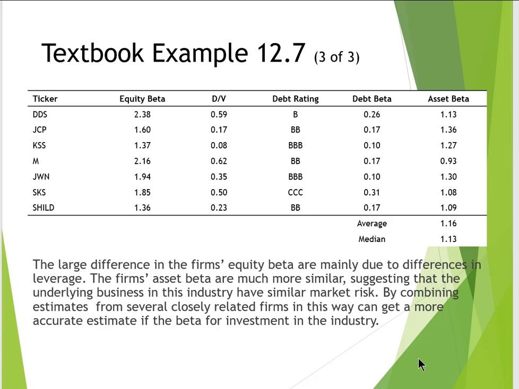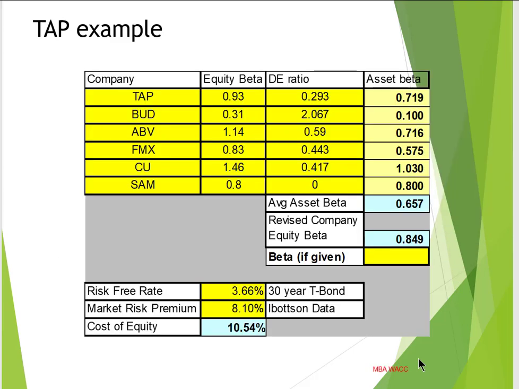Now, we may want to adjust that. We talked about that in a previous video. We talked about the Hamada equation, where we can take the asset beta and adjust it for the amount of debt that we have so that we can look at, again, equity betas for projects, for instance. And here's the example I did a while ago.